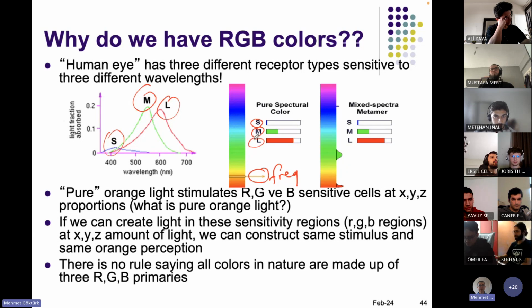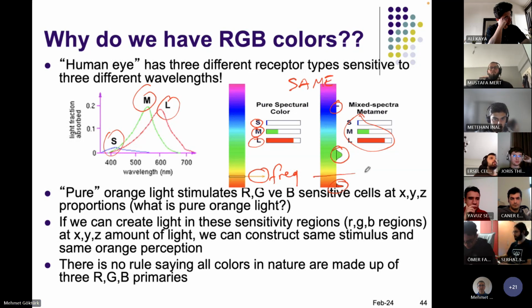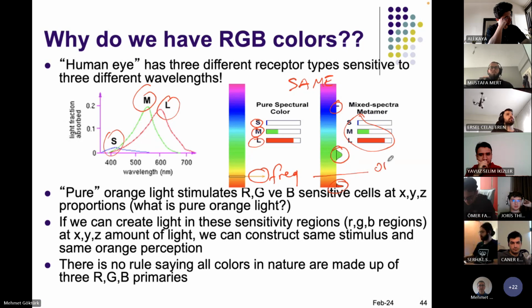If we stimulate those cells separately by providing different colors from the same point, then the same kind of stimulus is reproduced, and then we see these colors are the same. So even though no orange is present here, we see it as orange because our eye is only sensing 3 different wavelengths.